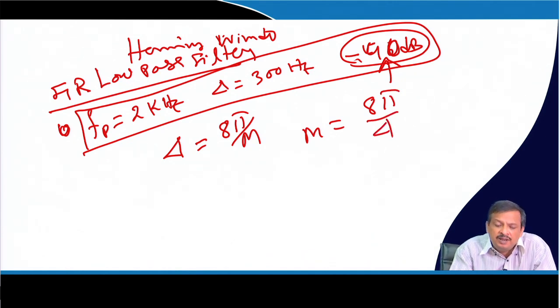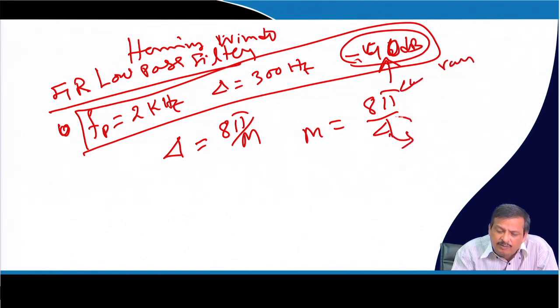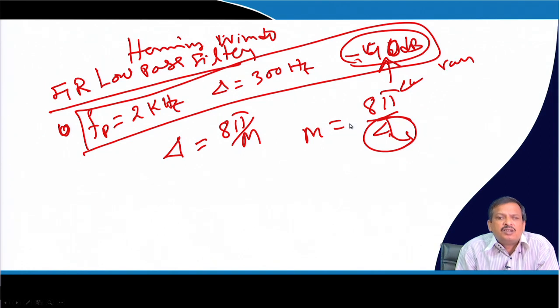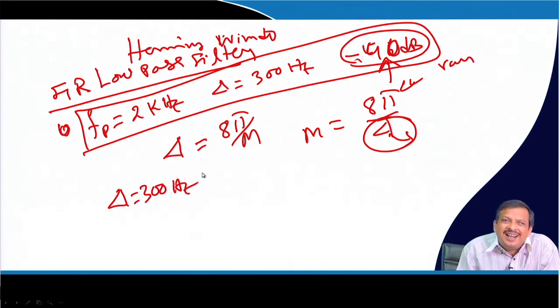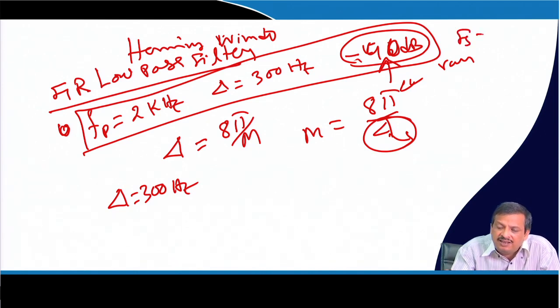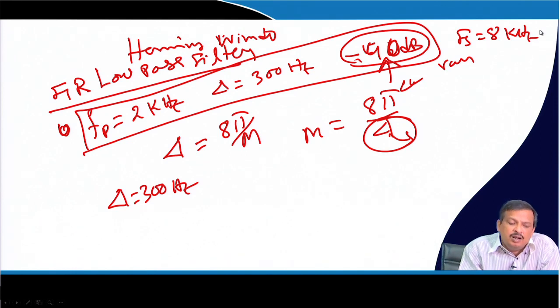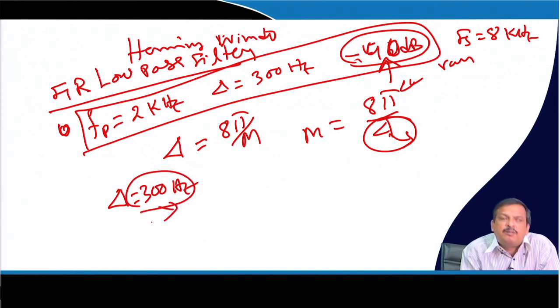Now, this is in radian, and delta, if I define it, is in hertz, so I have to make it radian. Say delta is equal to 300 hertz, and let us say the sampling frequency Fs is equal to 8 kilohertz. Then how do I convert 300 hertz into radian first?